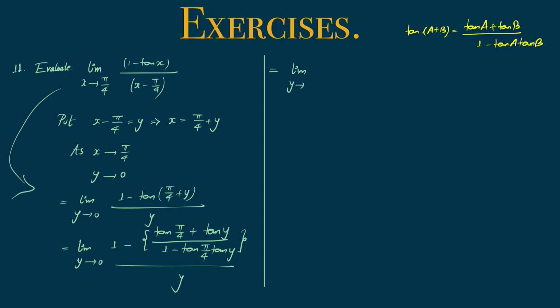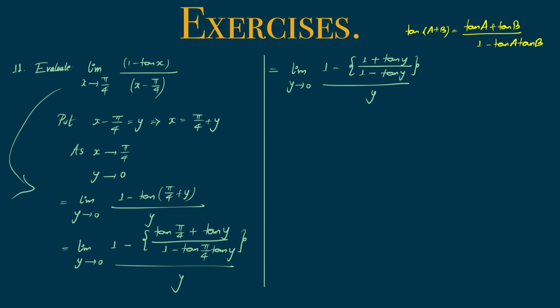Since tan pi by 4 means tan 45 degrees and its value is 1, let me write 1 in place of tan pi by 4. It will be 1 plus tan y, divided by 1 minus, here also tan pi by 4 means 1, and 1 into tan y is tan y, the whole divided by y.